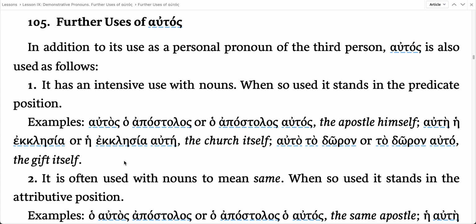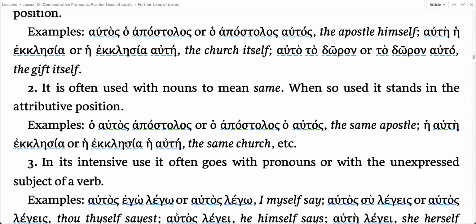Now, it can often also be used with nouns to mean the word same. Now, if it's like that, it's going to have an article with it. There's going to be an article in front of the αὐτός. So it can be used as a pronoun, that means by itself. It can be used with nouns, no article, and that's intensive. If it's got an article on it, it's the same, like the same apostle, the same church.